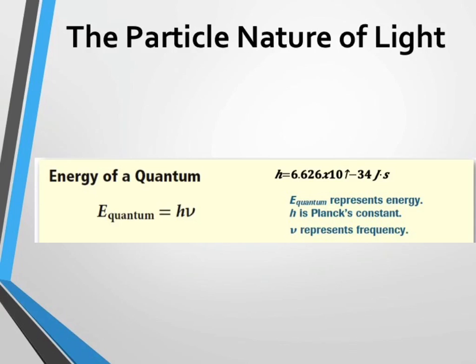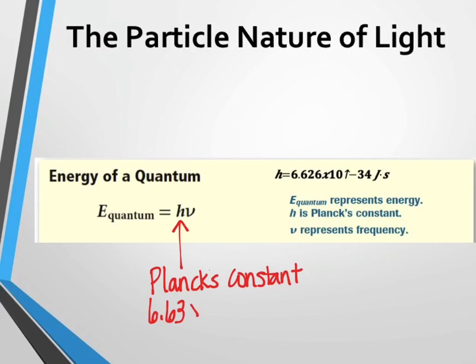And this is the equation. E, which is energy, is equal to h nu. h is Planck's constant, which means it's never going to change, and it is 6.63 times 10 to the negative 34th joule times second. And it's on the reference chart.